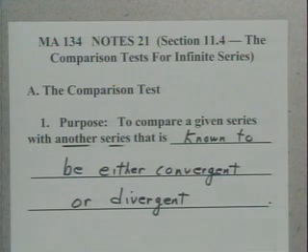That's the purpose. We want to compare a given series, which we have no idea what it does, and say, instead of looking at that one, let's just compare it to another series where we know what's happening.